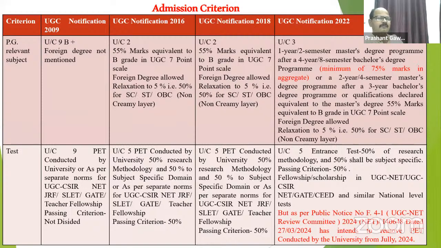A 1 year or 2 semester master's degree program after a 4-year 8-semester bachelor degree program, with a minimum of 75% marks in aggregate for the 4-year 8-semester bachelor degree program.